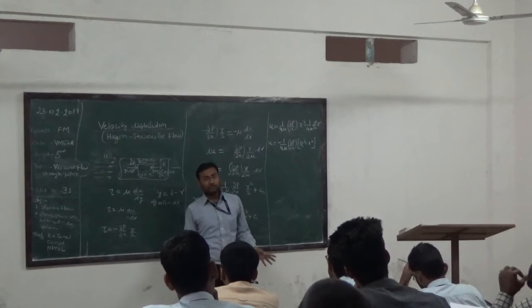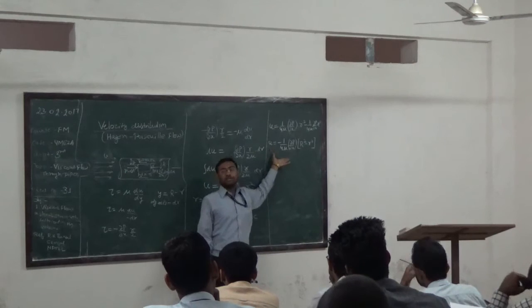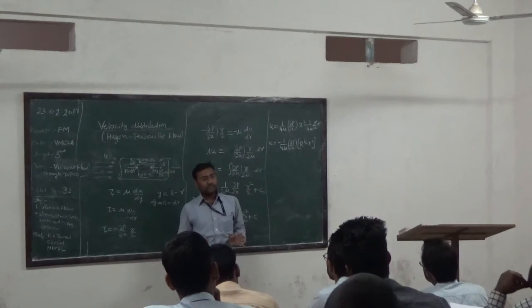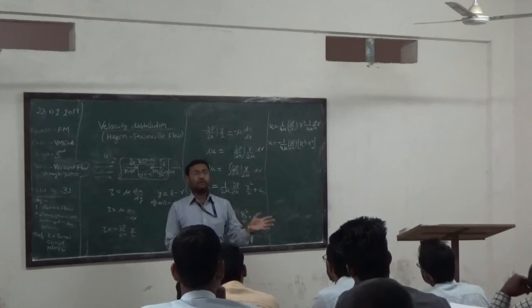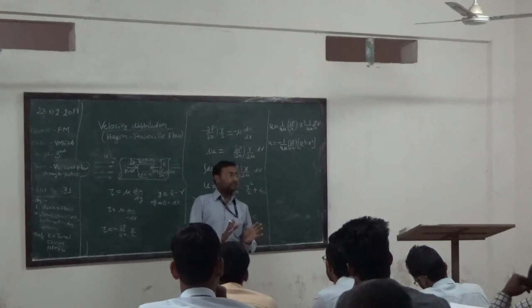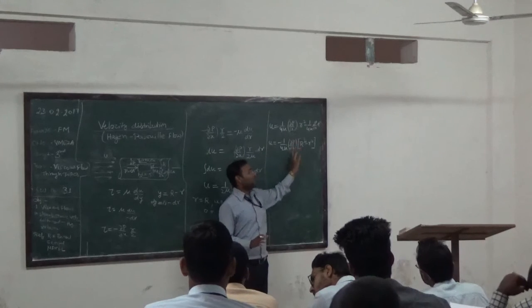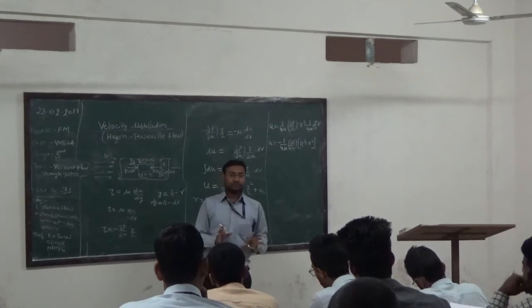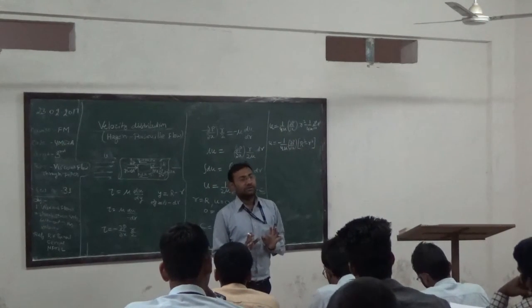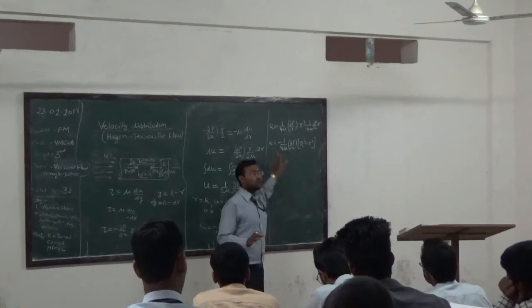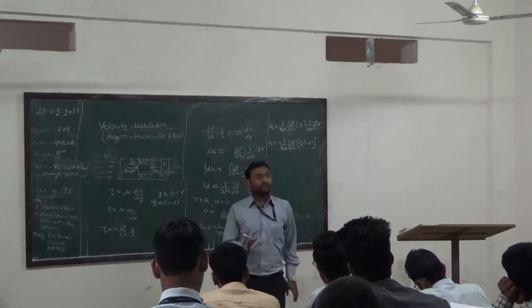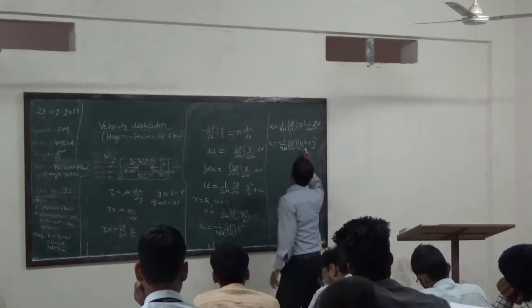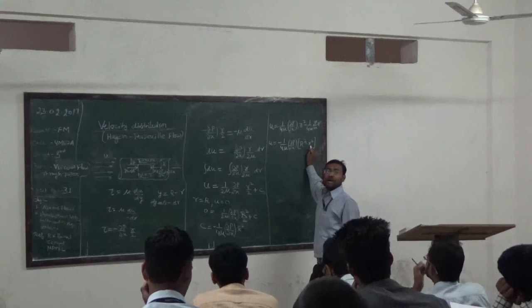Is it clear to you? Yes, sir. In the expression of velocity we have a negative sign, and in the direction of flow velocity must be positive, so del p by del x must be negative.